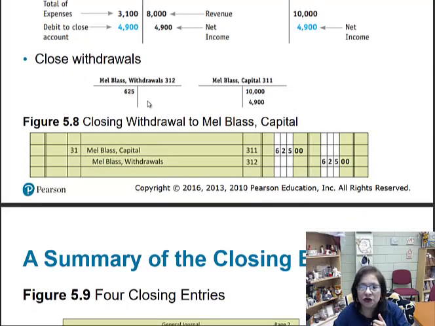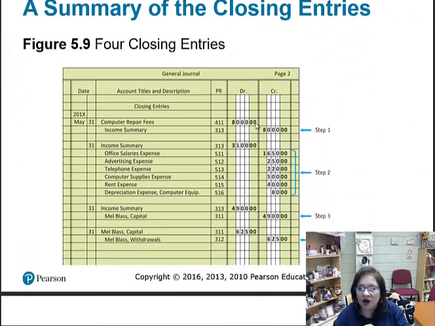So you debit the capital, and then credit the withdrawals so that it closes it out. And then you see all of the closing to the income summary right here. Okay, step 1, step 2, step 3, and step 4 in your general journal.